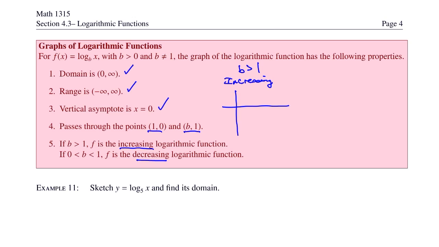We have a vertical asymptote at x equals 0. We have a domain that starts at 0, doesn't include 0, and then the increasing one rises as it goes to the right. It passes through the points 1, 0 and b, 1.